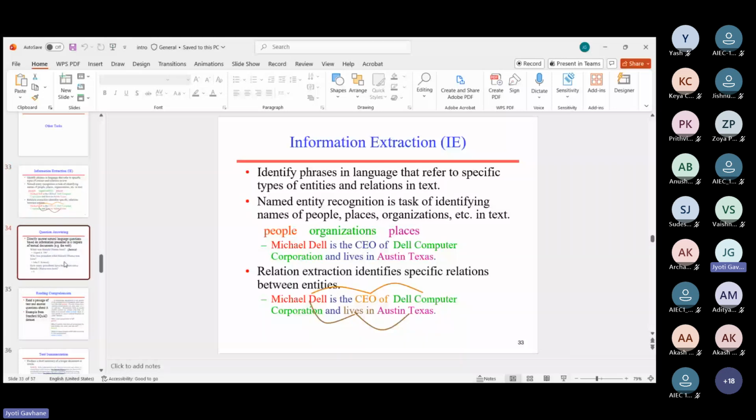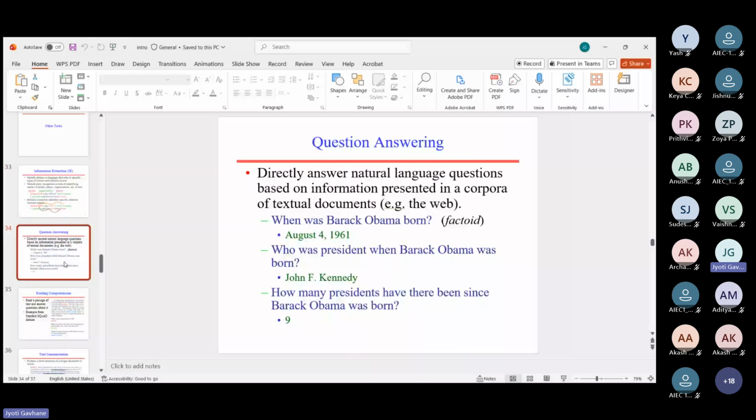Now question answering: directly answering natural language questions based on information presented in the corpora. Corpora is nothing but a database of textual documents.